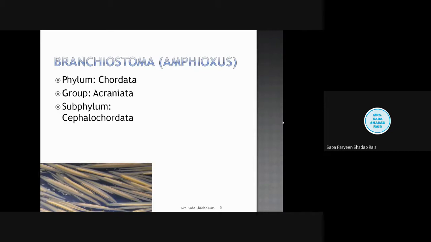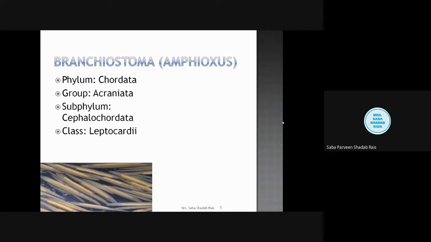You can add one more point: the notochord extends up to the tip of the rostrum. This point is not given in the slide or your book, so note it down. This is the reason for the name Cephalochordata. Now the class is Leptocardii because numerous pharyngeal gill slits are present.